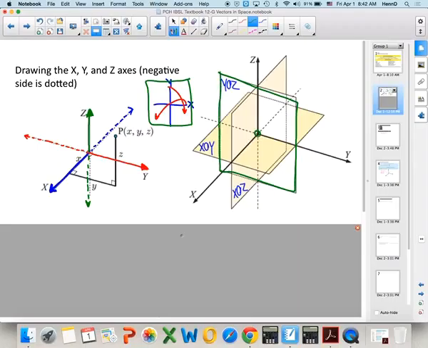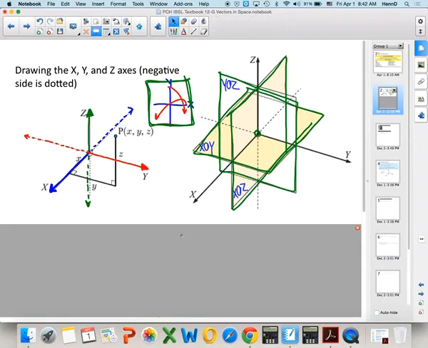Okay? The x and y axis, this is the plane we're used to working in, that two-dimensional plane that we're used to working with. It's been laid down on its face. But then we also have this XOZ plane, that third plane that defines this space, okay?